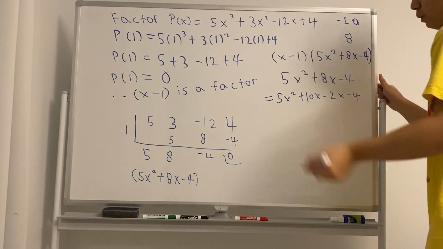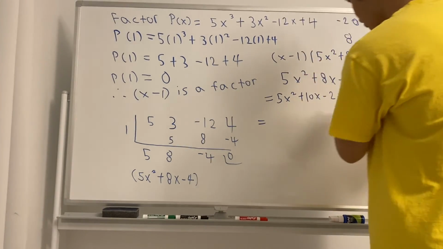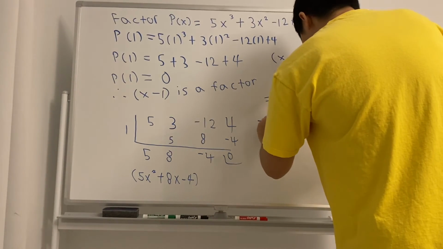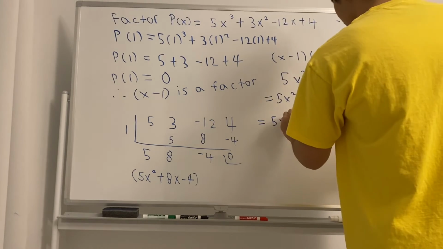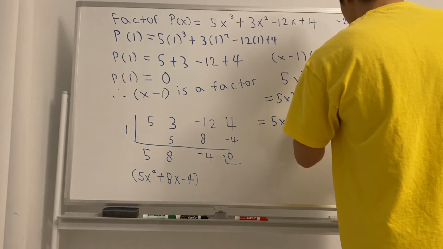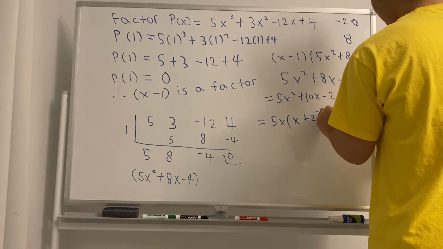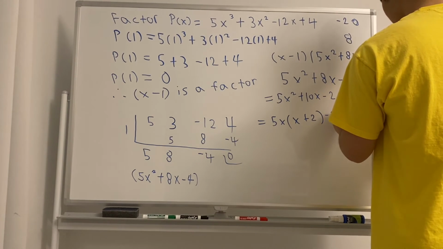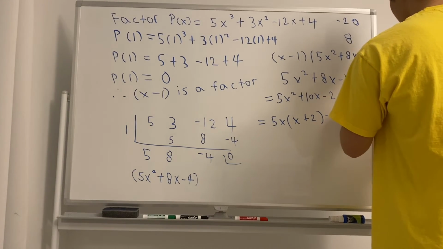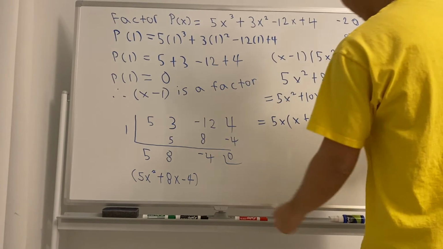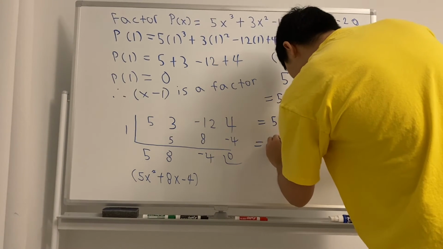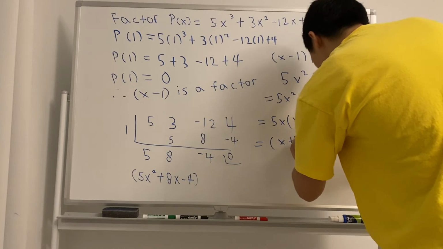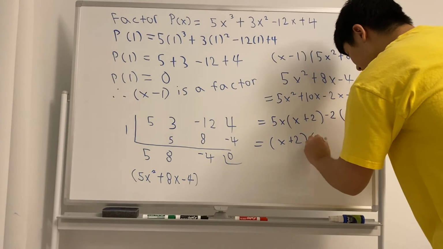We're going to factor by grouping now. So the factor of this is 5x, x plus 2, and here we can factor out negative 2. Okay, perfect, and now we can factor out the x plus 2, and then we have 5x minus 2 remaining.